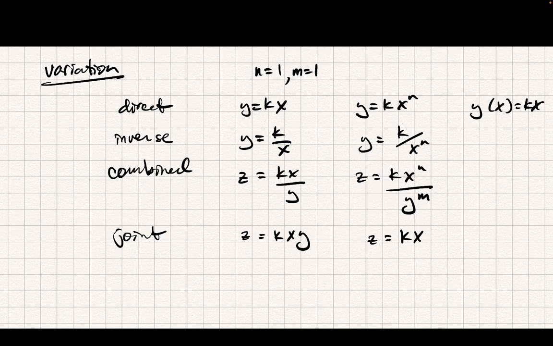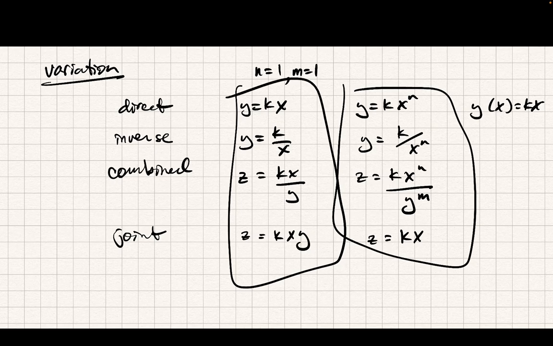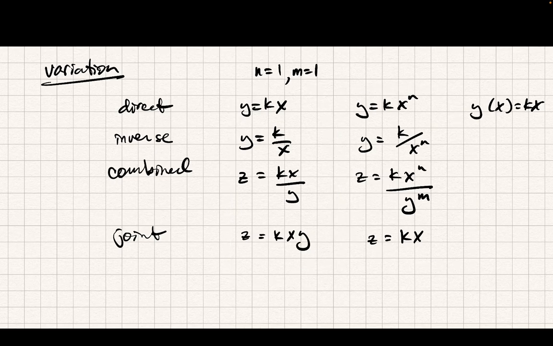So what are we doing? What's the difference between this column and this column? Eric, what's the difference between the two columns? They both have n. N is the general case here. What is n here?